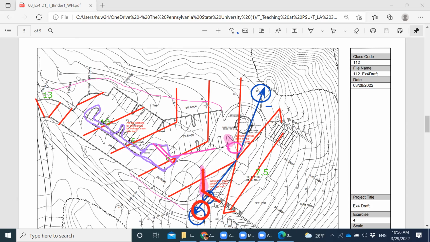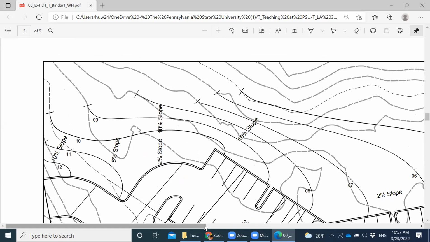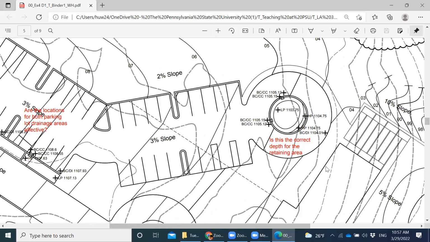Let me clear and look into some of the retention area, okay? Sounds good. So as we talked about before, just assume that we're using your original contours. Your curb cut here will be determined by, so this is 4.